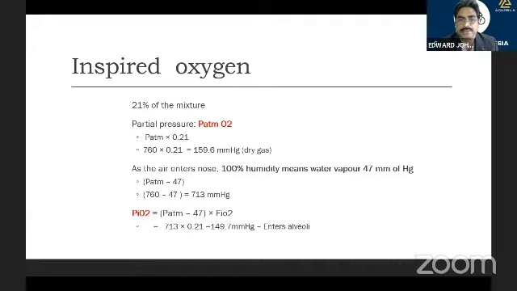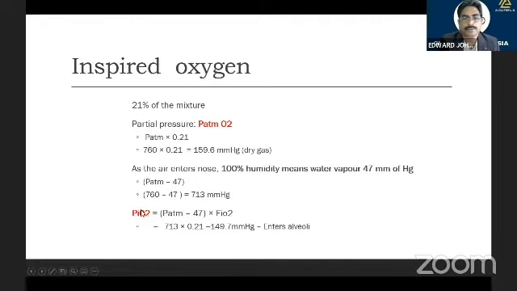That is dry gas. When the dry gas enters the nose, it is saturated with water. 100% humidity means the water vapor pressure is 47 mm of mercury. If you deduct 47 from 760, it comes to around 713 mm of mercury. So this is the humidified air that enters the trachea.